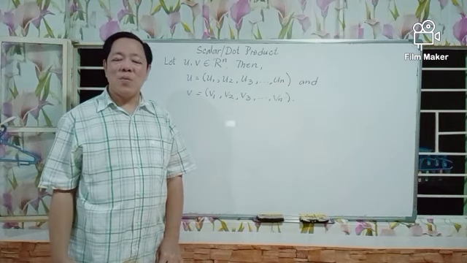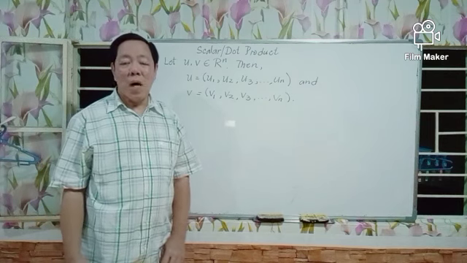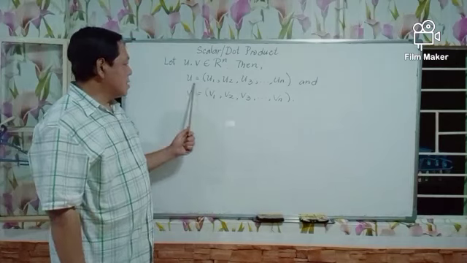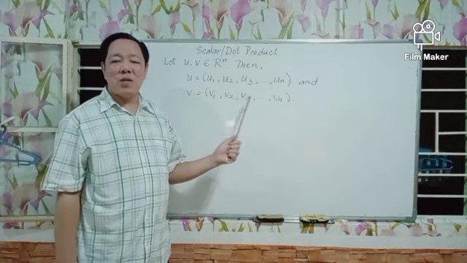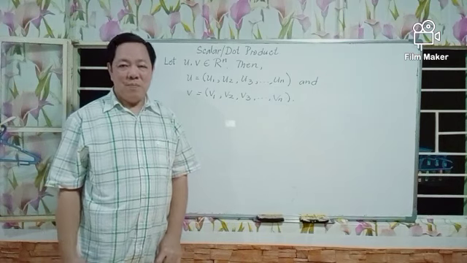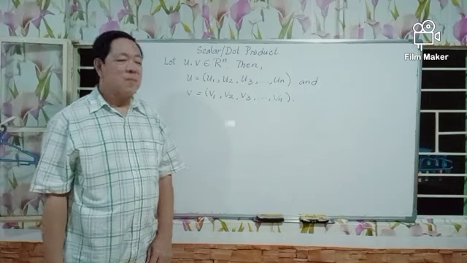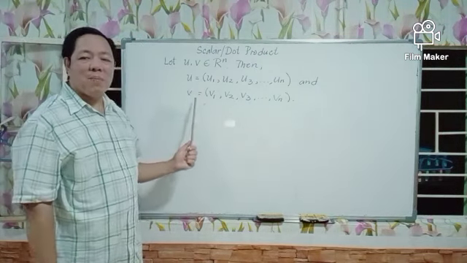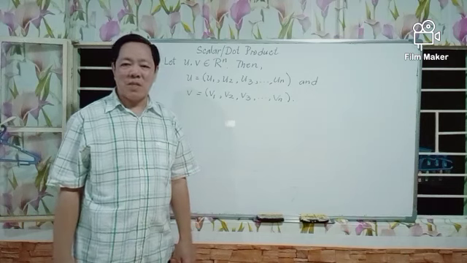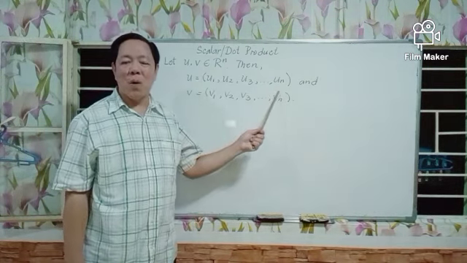And last time we defined a matrix with only one row as a row vector. And these elements U and V of R to the n may be taken as row vectors or matrices with only one row. And we also say that U and V are n tuples of real numbers, because U and V each has n coordinates.